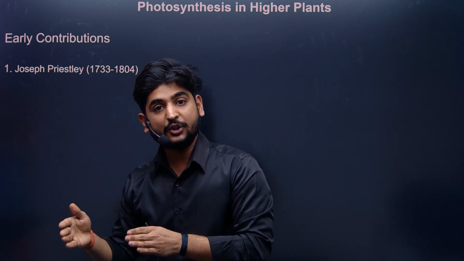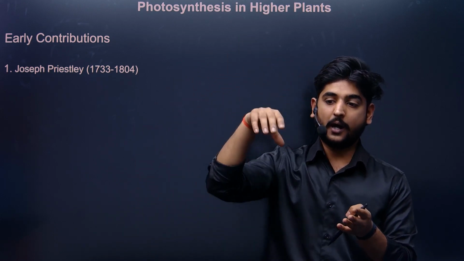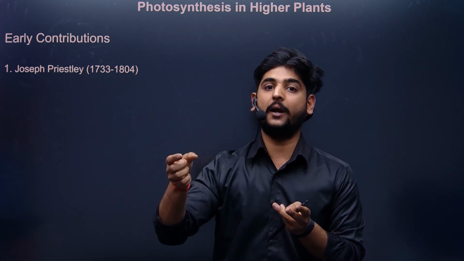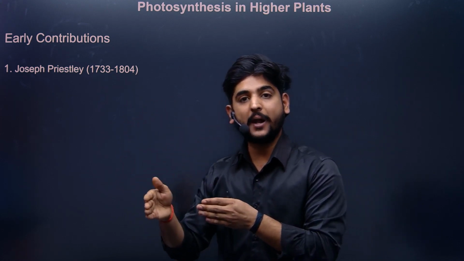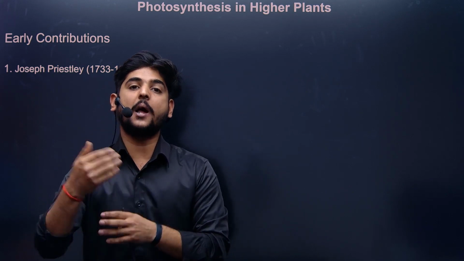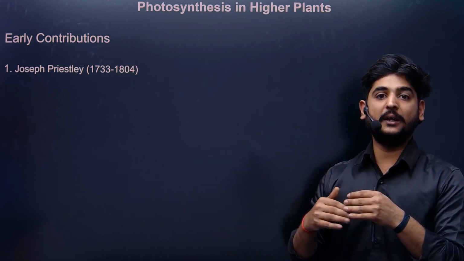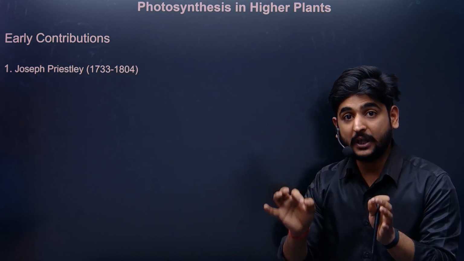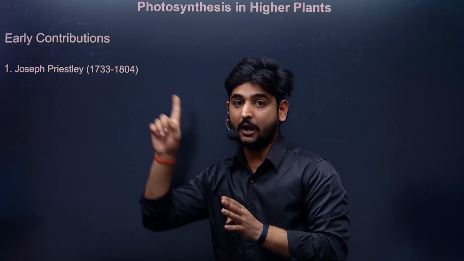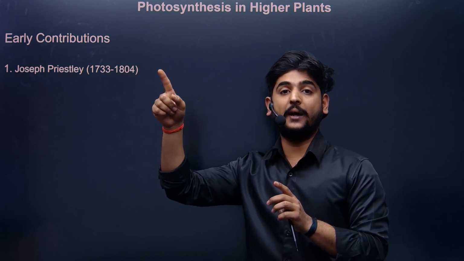Now in the third condition, he put a bell jar over a mouse and a candle, but this time he also put a mint plant inside. The mint plant will produce oxygen by photosynthesis and will consume the carbon dioxide given out by the mouse and the candle. So this is how he explained that something out of the air was taken by the mouse and candle, but was returned to the air by the mint plant.